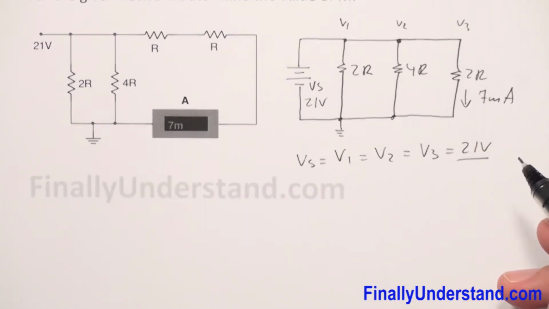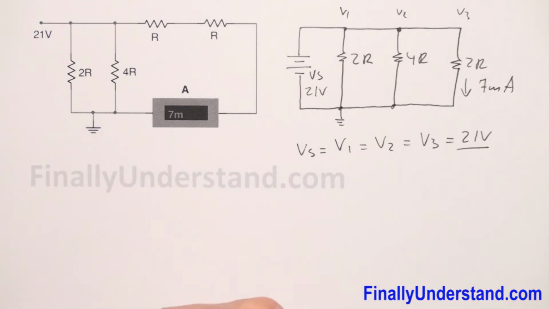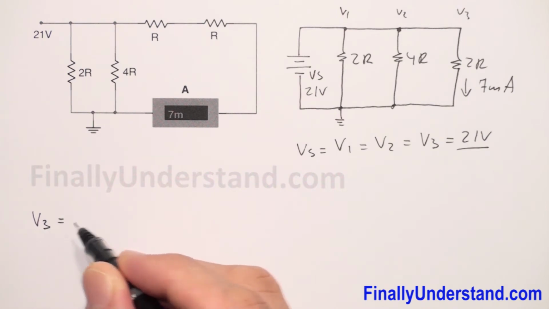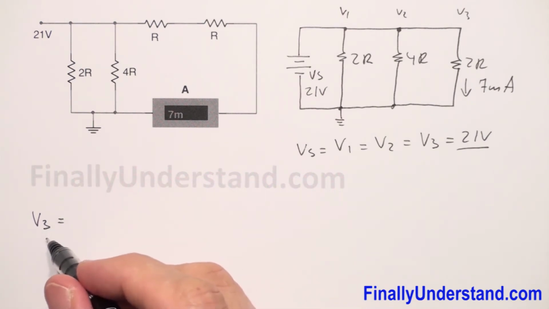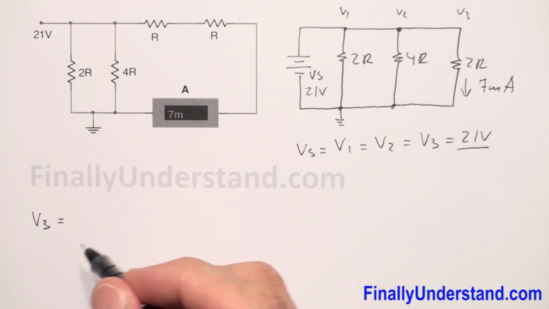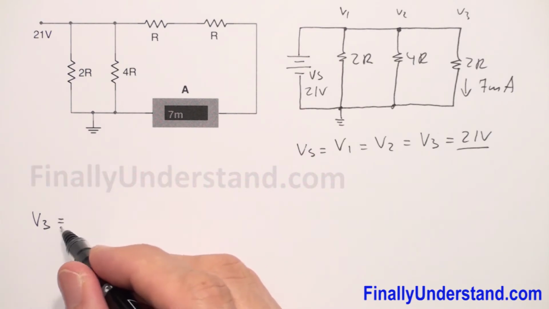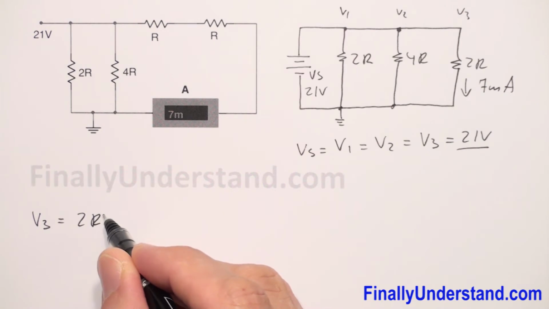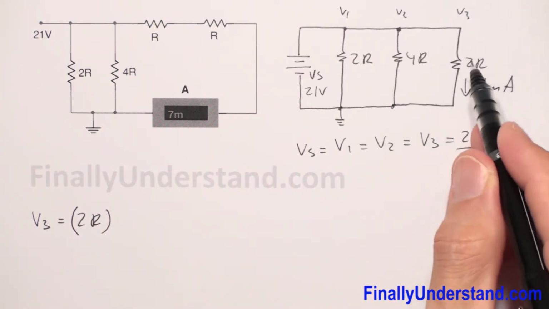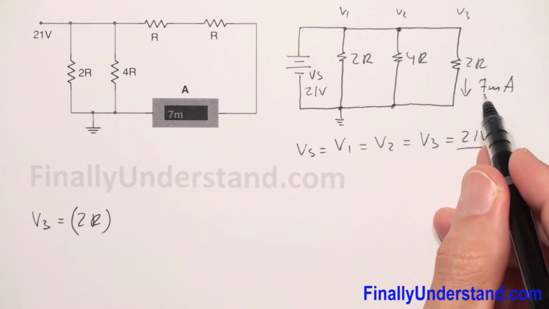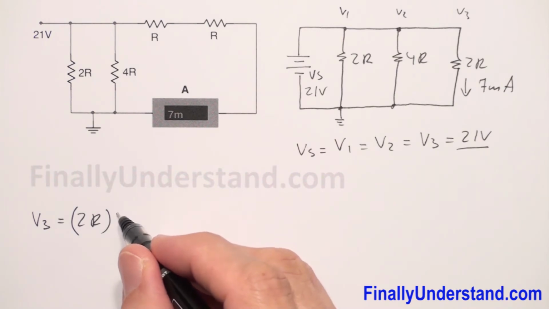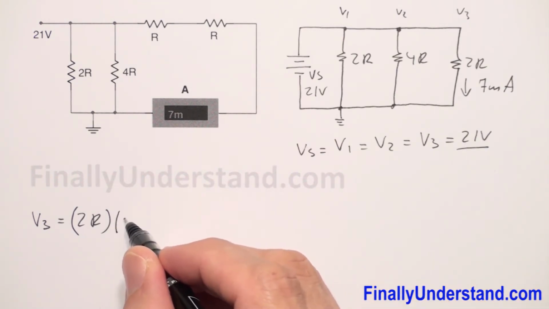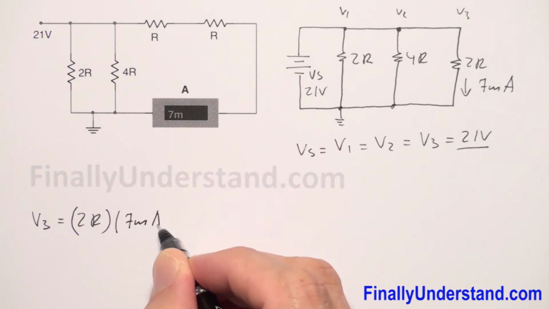We're supposed to realize that V3 is nothing else but the product of the resistance and the current. So I can say that V3 is equal to 2R, this resistance, times the current which goes through this resistor. I will simply write this as 7 milliamps.